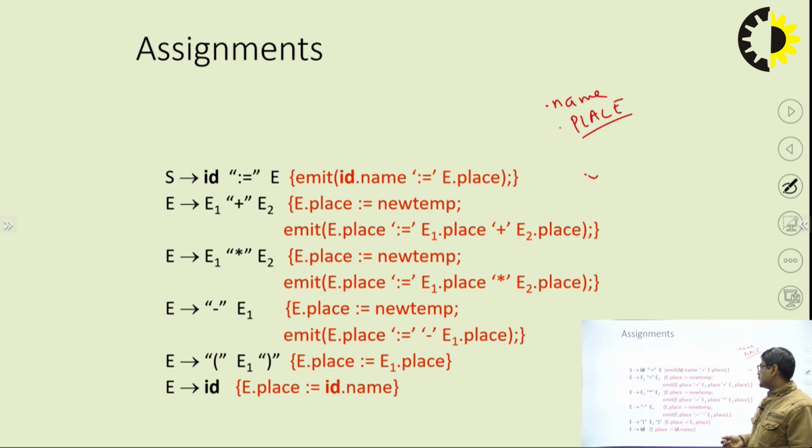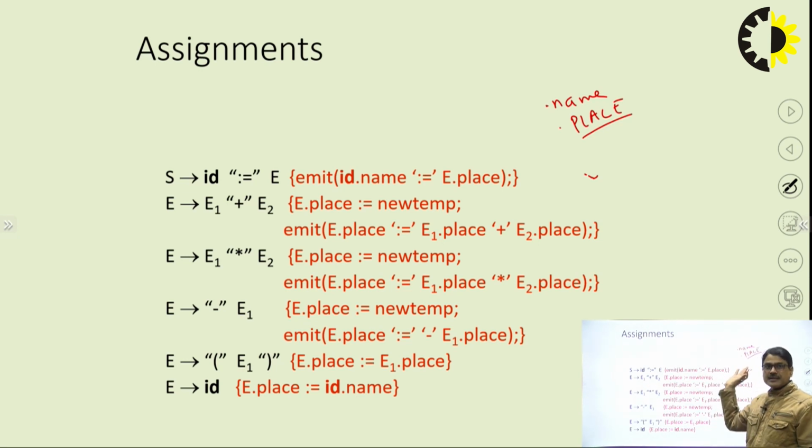Name is basically used for the particular value which is stored to this location. So in emit ID dot name equals E dot place, E is the particular expression or variable where some calculated value in terms of ID is stored, and that value is assigned to capital S. So a single assignment is there, but the value of ID came from a larger expression.